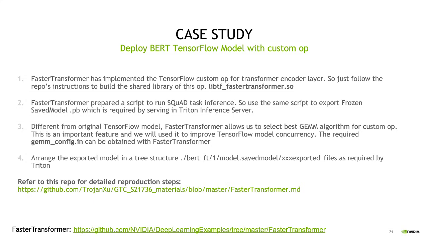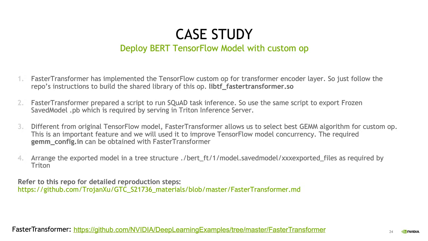So first, we will build the source code and generate the TensorFlow custom OP library. This is important because we will use that to work with Triton Inference Server. The second one is to export the frozen saved model PB from the SQuAD task inference code.